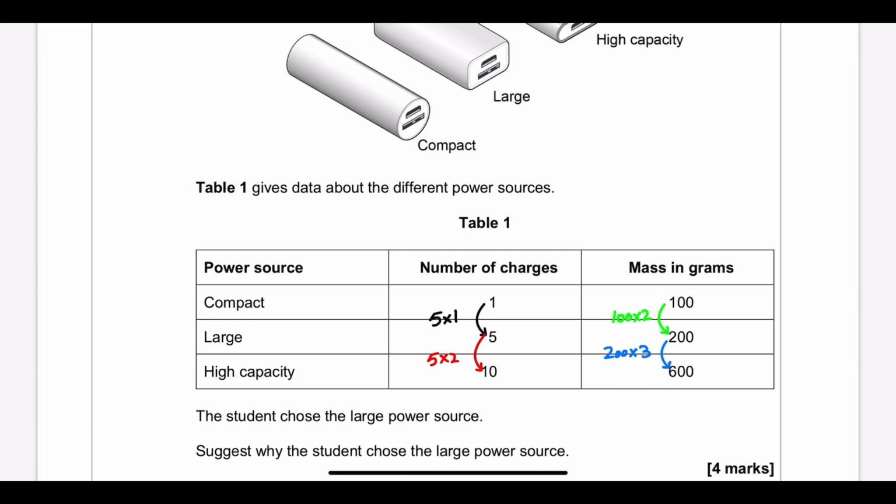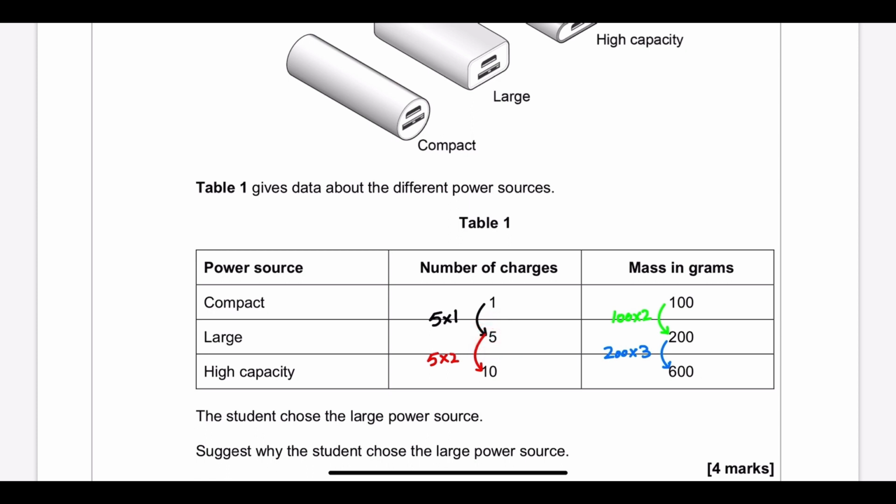Whereas the high capacity one gives more charges as compared to the large one. It is 2 times the number of charges as compared to the large one. The high capacity gives 10 charges, whereas the large power source gives 5 charges, which is half of the high capacity power source.